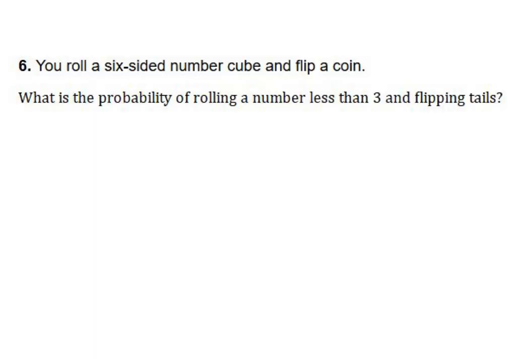You roll a 6-sided number cube and you flip a coin. What's the probability of rolling a number less than 3 and flipping tails? So for this one, I think a tree diagram or a table is going to be your best bet. You roll a 6-sided die. So we have 1, 2, 3, 4, 5, 6.